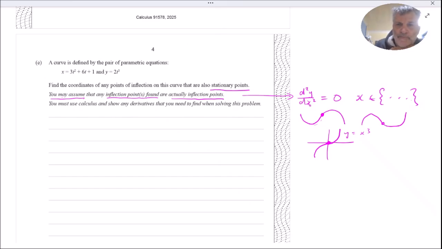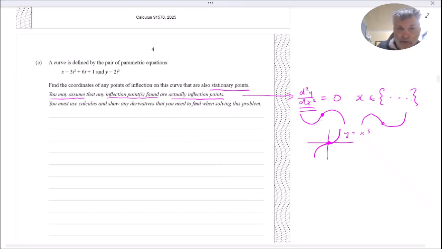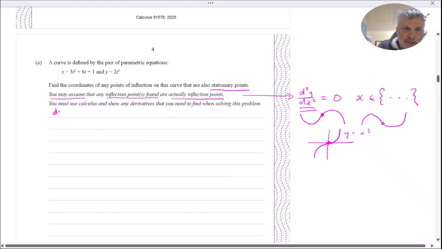So as alluded to here, we want the second derivative, but to get the second derivative, we need the first derivative, which will also help us find the stationary points. So we need dy by dx. And with parametric equations, the way you get dy by dx is by differentiating with respect to t, and then multiplying by dt by dx, or this is effectively dividing by dx by dt.